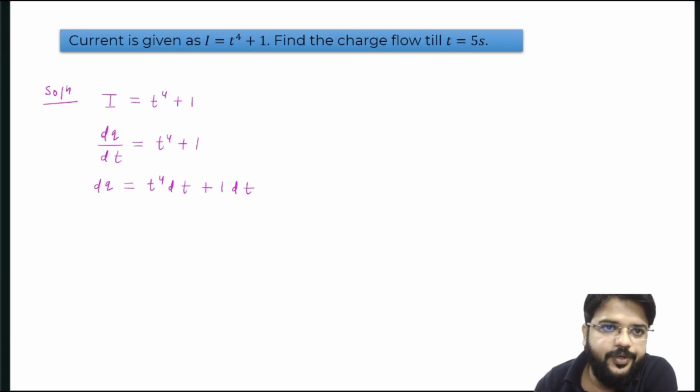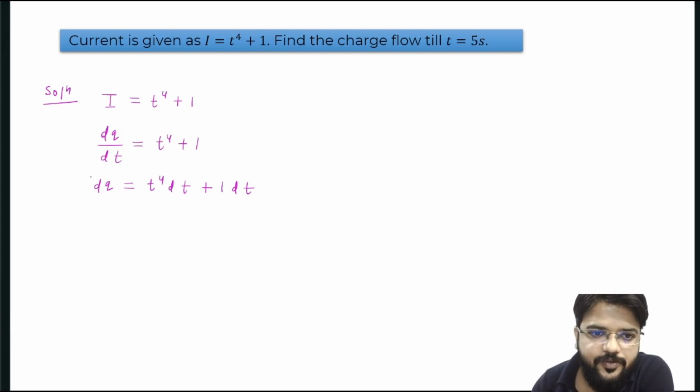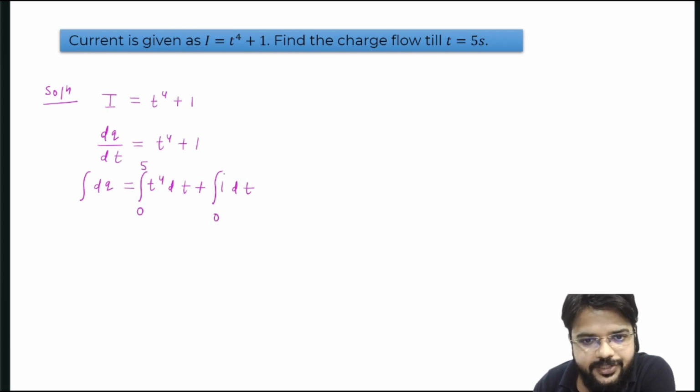Now we need to integrate here because we want the charge till 5 seconds. So we integrate on both sides. What should be the limit of integration? Think about it, everyone. We want the charge flow till 5 seconds, so the limits are 0 to 5.